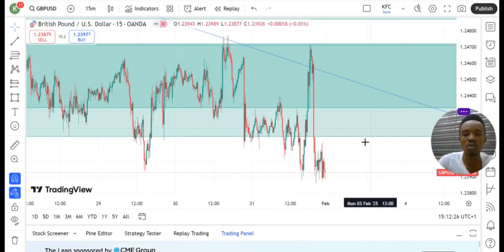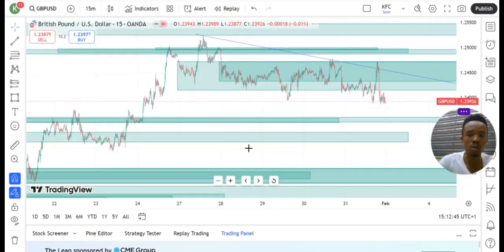But I will not be buying GU except this bearish liquidity is tested. Otherwise, I'm going to wait for the DXY to retrace bearish, and once it goes bullish, I will find my point of interest just around this side, and I'm going to go bearish on GU, because obviously you can see that GU is bearish.